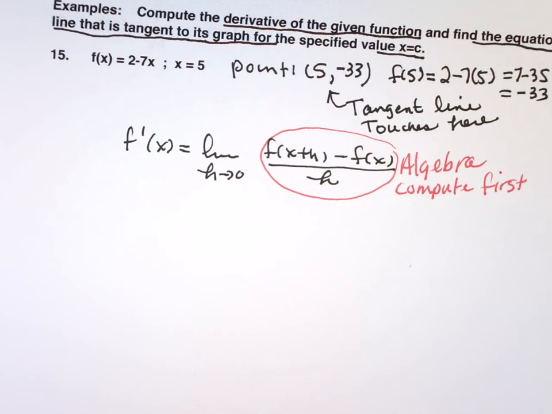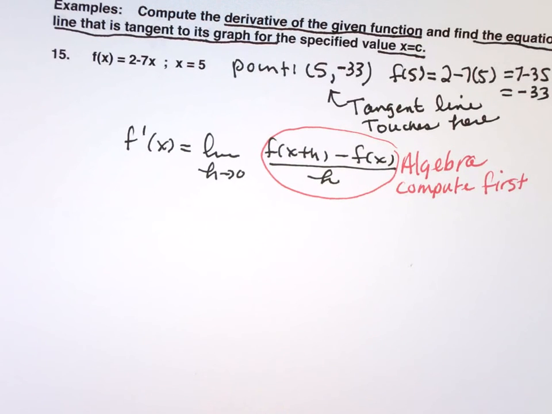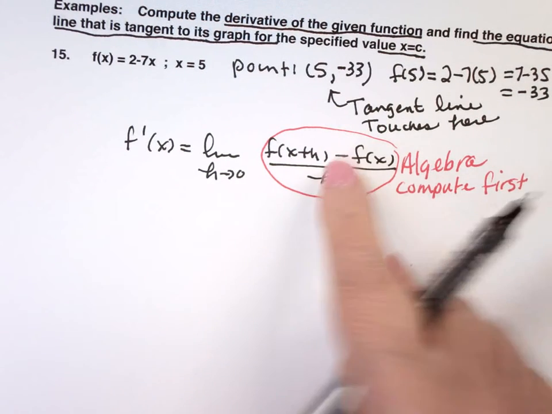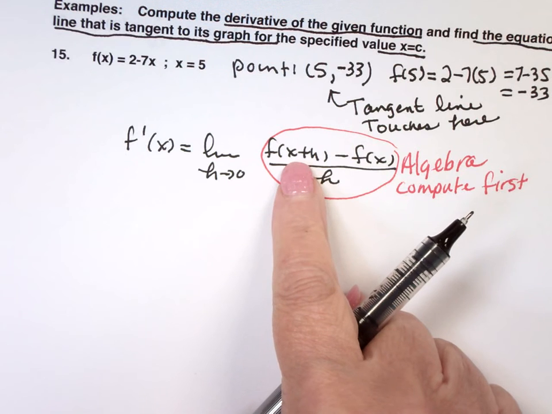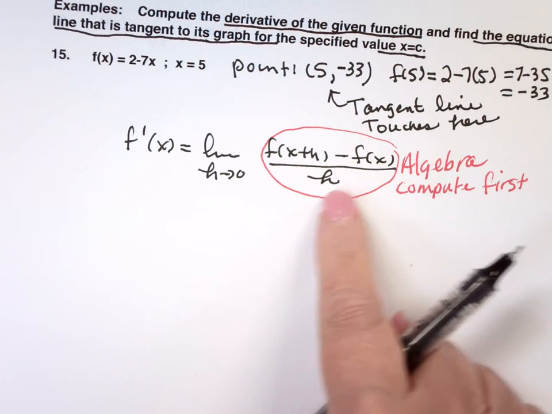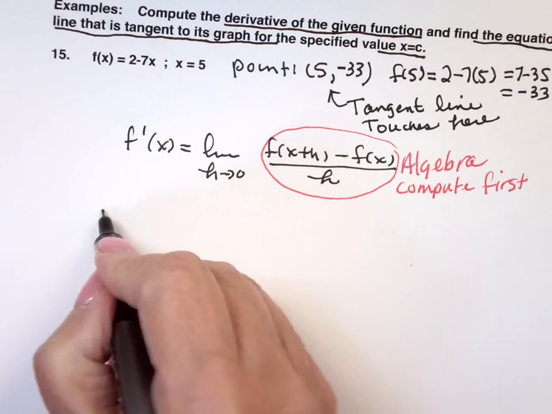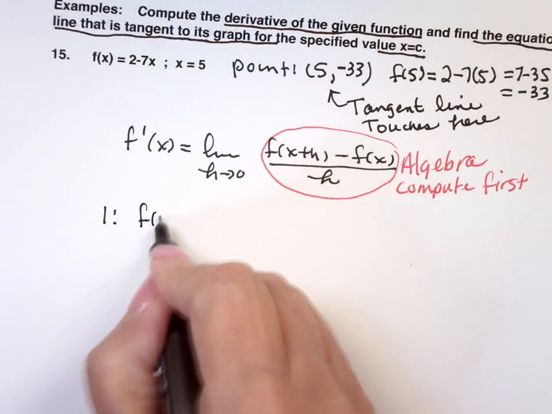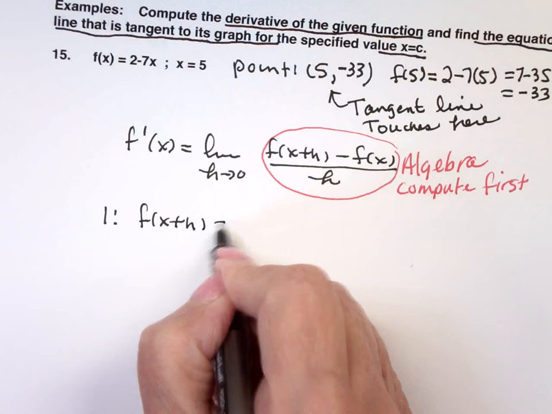It gives you examples and that kind of stuff if you need help in that area. So I use something called the four-step process. In other words, I compute f of x plus h, then f of x, subtract the two, and then put it over h. So step 1, find f of x plus h.